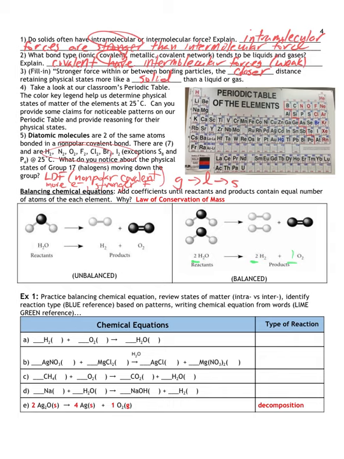Let's look at example 1. In example 1, first, one of the things we want to make sure we do is we identify the states of matter. And why we identify the states of matter is because the formation of a solid, liquid, or gas, or heat, or some temperature change tells us whether a reaction has occurred. So that's part of this example, is to practice our states of matter.